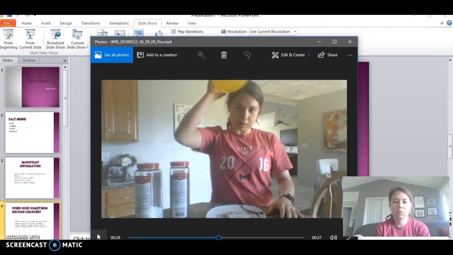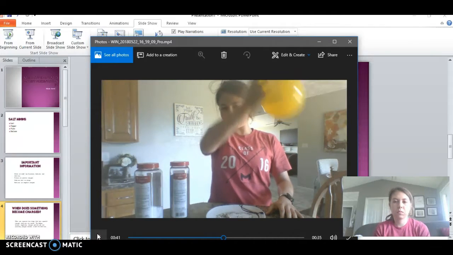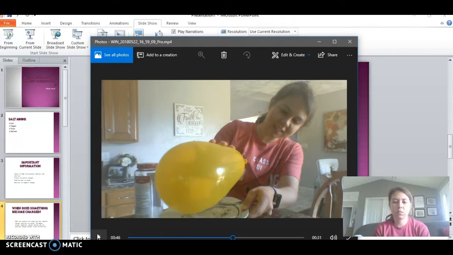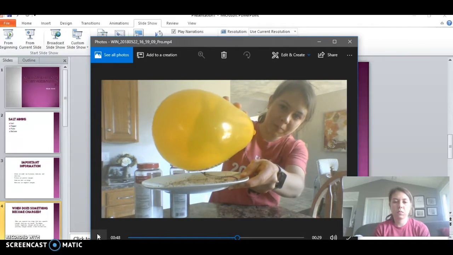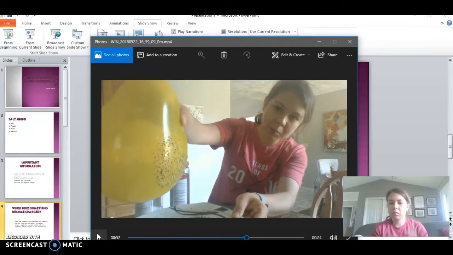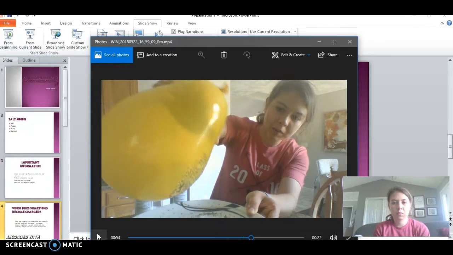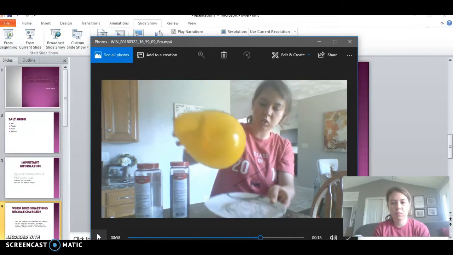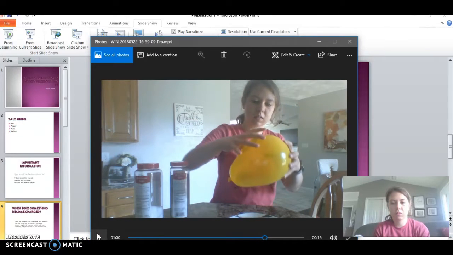Rub it against my hair. You can see the pepper being sucked onto the balloon. There's a few grains of salt, but it's mostly pepper that's sucked onto the balloon. Try it on the other side.